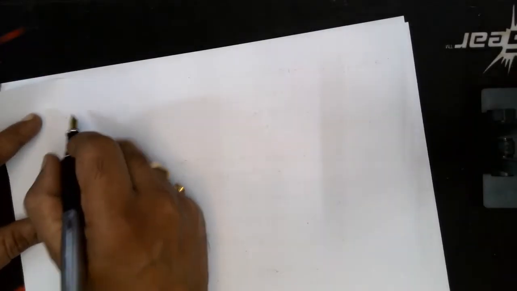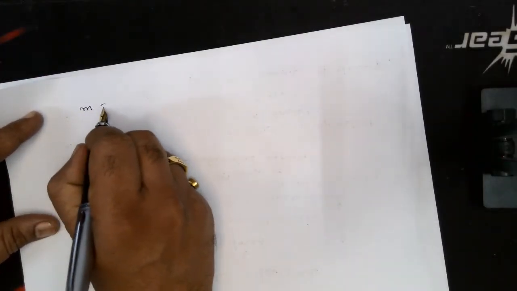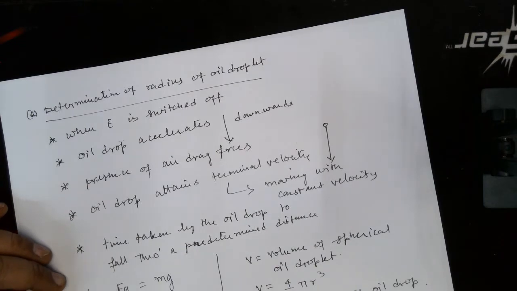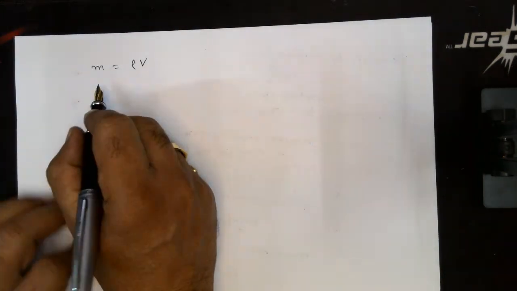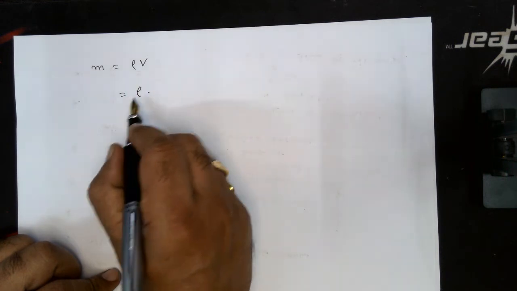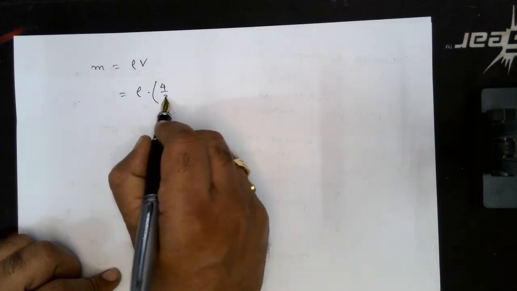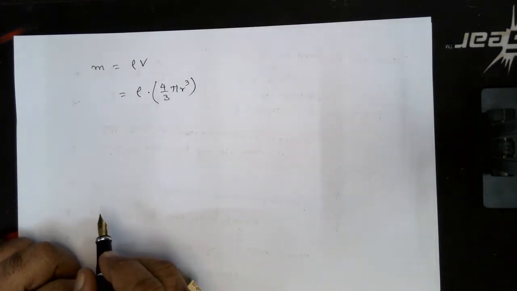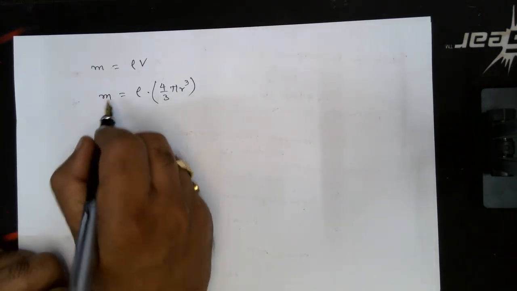Therefore m is equal to rho into V, is it not? Because rho is equal to m by V, m is equal to rho into V, right? So when V is replaced, we can introduce this 4 by 3 pi r cube. This is m.